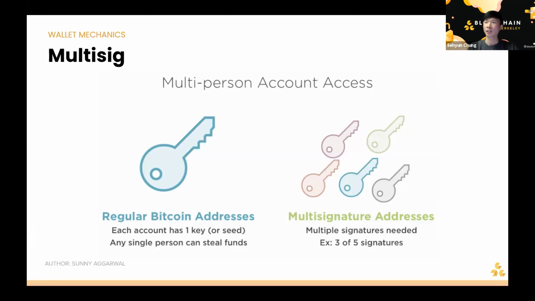You'll hear this term a lot when you're learning about Bitcoin: distributing points of failure. It's like you don't want to have all your eggs in one basket, because if that basket drops, all your eggs are gone. Similar to that, you don't want the only key to your wallet to be owned by you, because humans are very forgetful and error prone. So maybe you want to have a multi-sig wallet or multi-sig address.